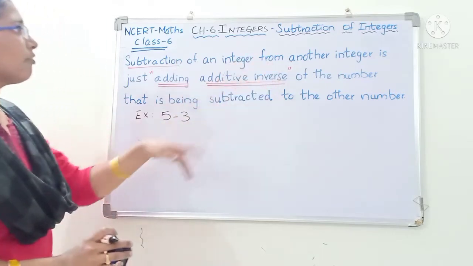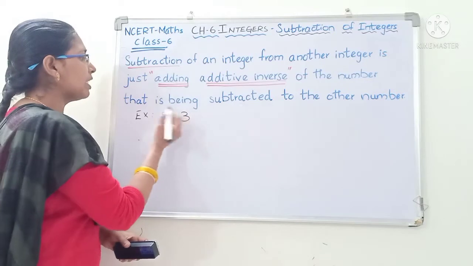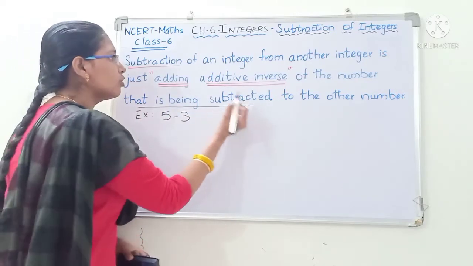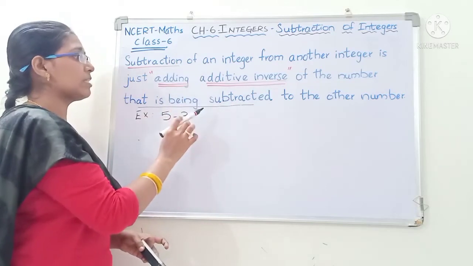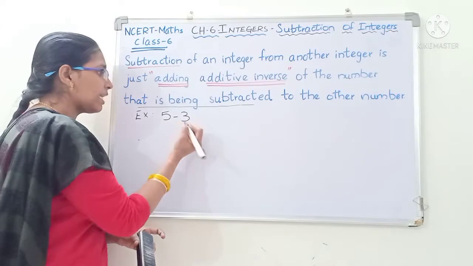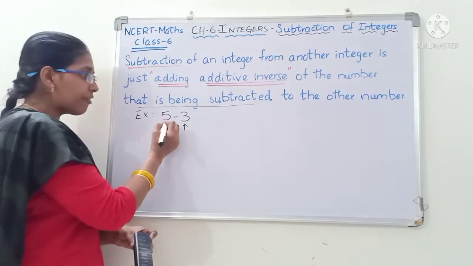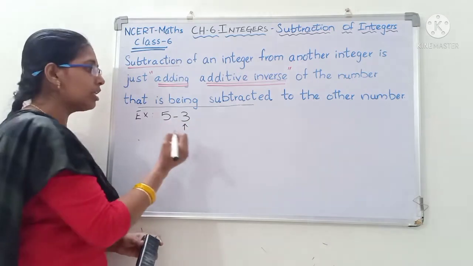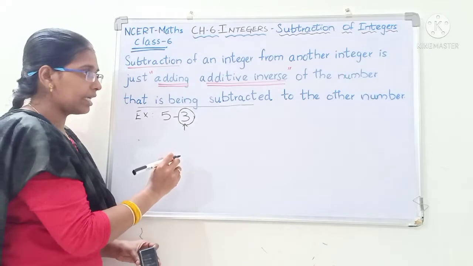Subtraction of an integer from another integer is adding the additive inverse of the number that is being subtracted. You should just remember you are adding the additive inverse of the number that is being subtracted. What is the number that is being subtracted? 5 minus 3. That means 3 is subtracted from 5. From 5 you are subtracting 3. So, 3 is the number that is being subtracted.